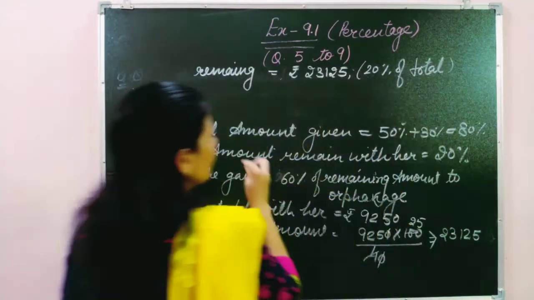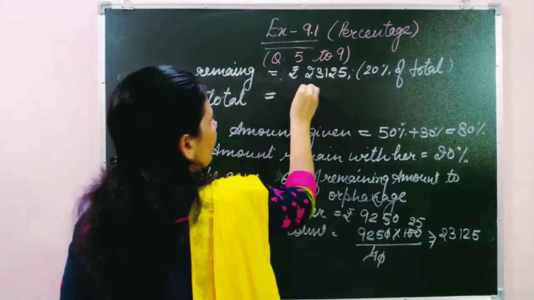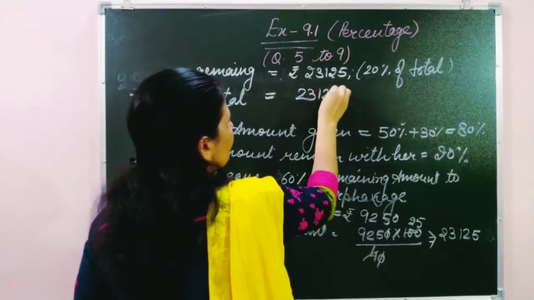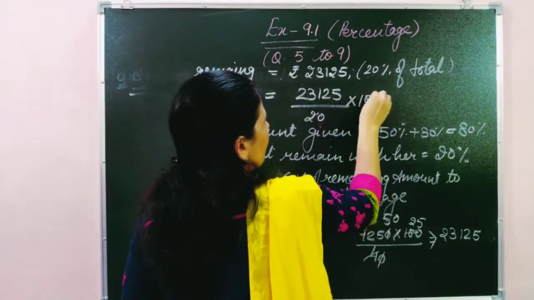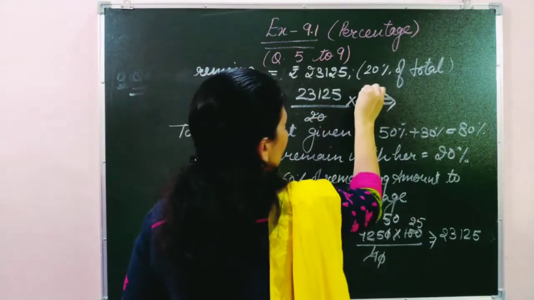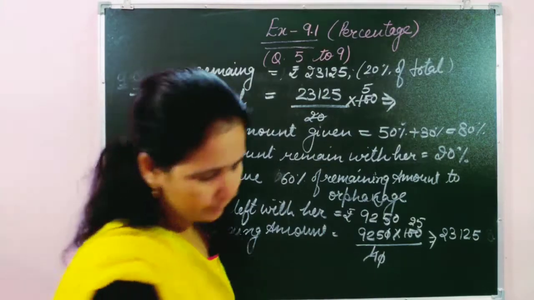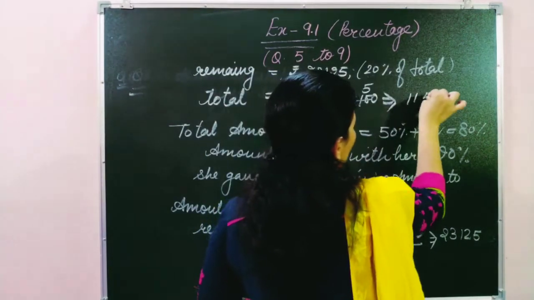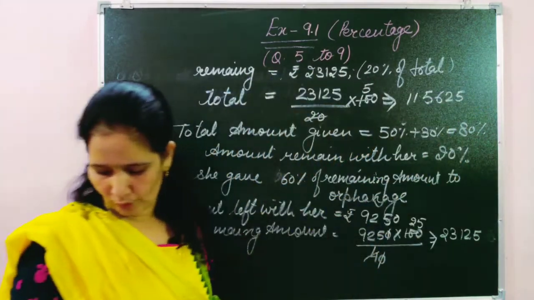So from here we can find the total. To find the total amount, remaining 23,125 divide by percentage and multiply by 100. So when we solve this one, 25 is 100 and 23,125 multiply with 5, then we get 115625.